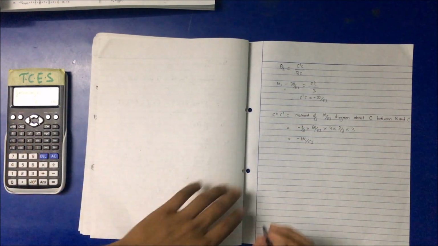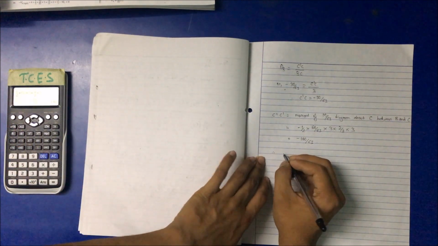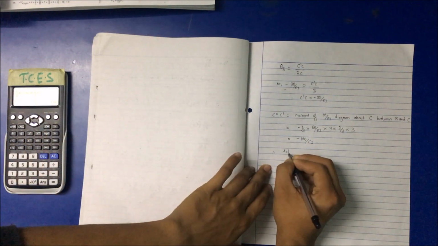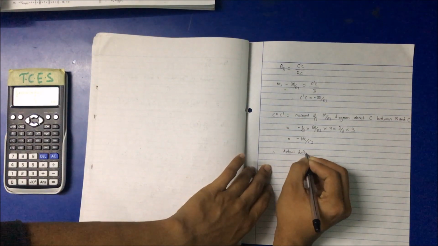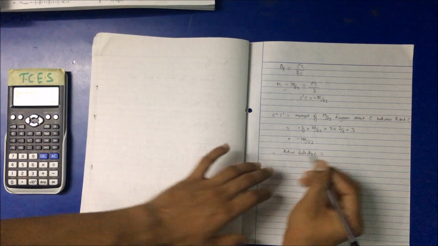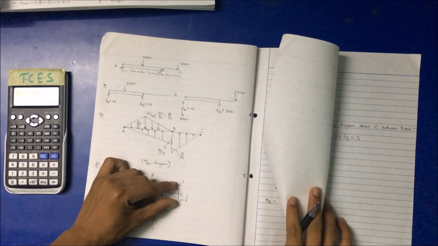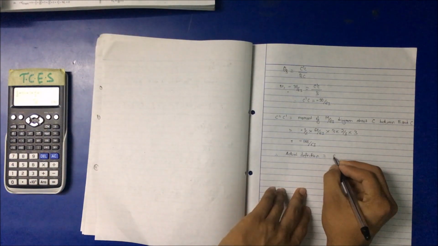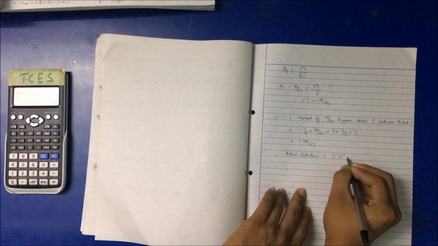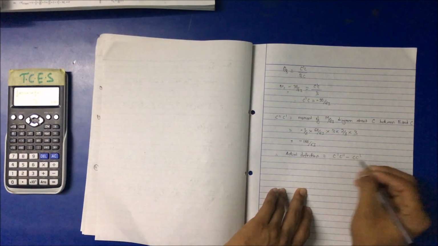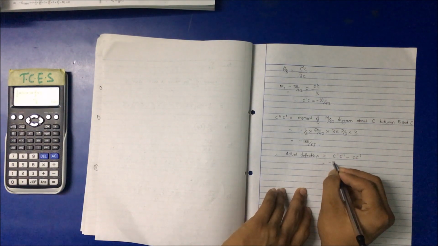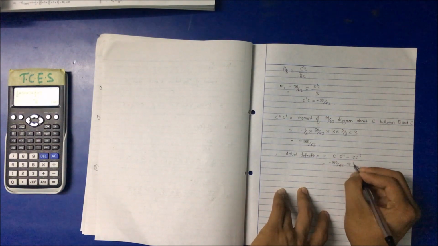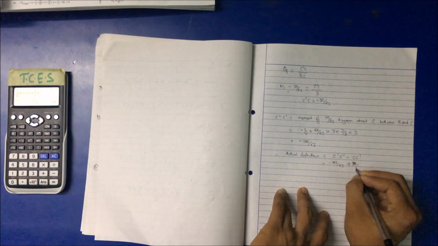Is it okay? And what we have said is the actual deflection will be equal to C dash minus C dash dash. So minus 90 by EI minus minus 180 by EI, and it will be plus, so plus 90 by EI.